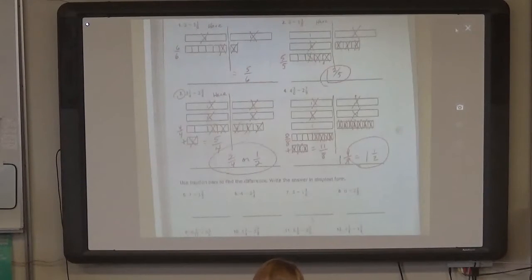Questions on the models? Good. Make sure you put it in the lowest terms, or simplest form. And then flip the page over.